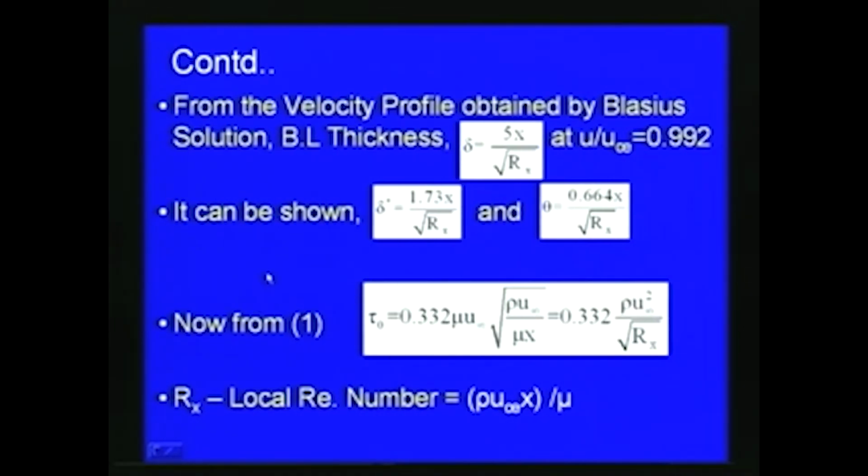So, by using Prandtl's equations, Blasius derived expressions for delta, delta star, theta, and also for tau 0, the shear stress on the flat plate.